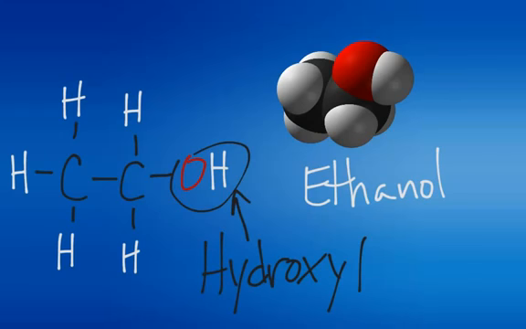So one neat thing about carbon is not only can carbon form chains with itself and with hydrogens, which we would call a hydrocarbon. So if we just have something like carbons bonded to hydrogens, we would call that a hydrocarbon. Carbon can also bond to a plethora of functional groups like this hydroxyl, and the combinations of molecules that can be formed are pretty much endless.